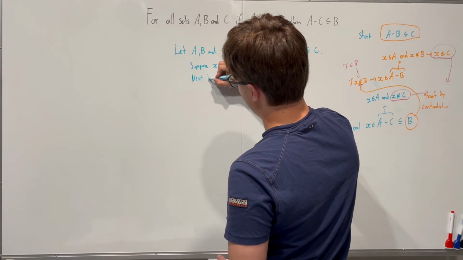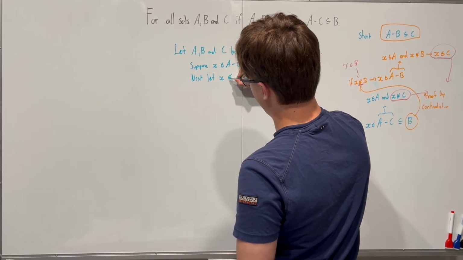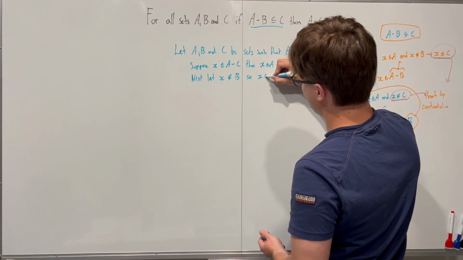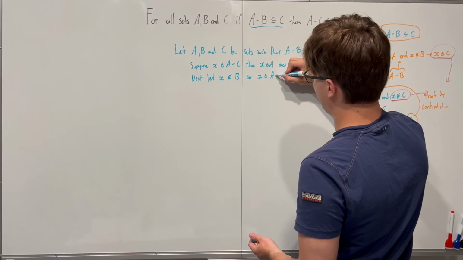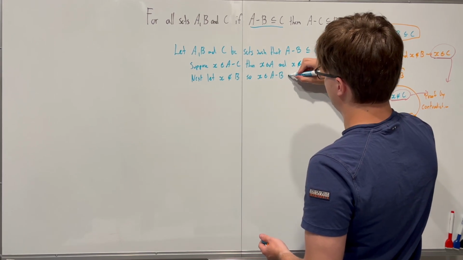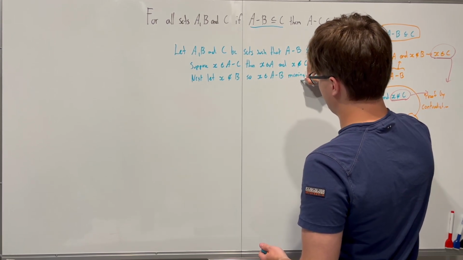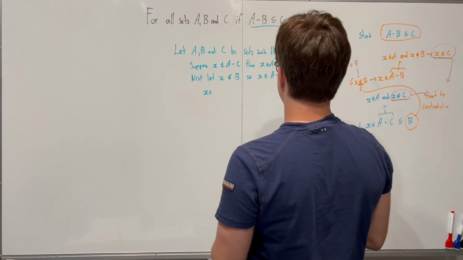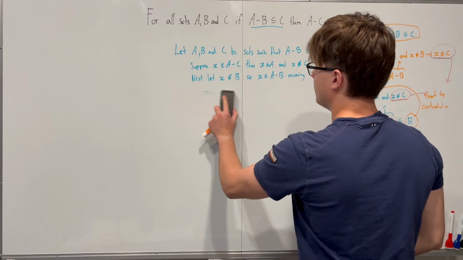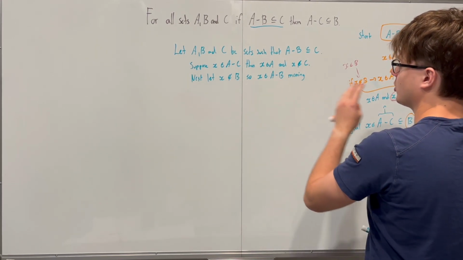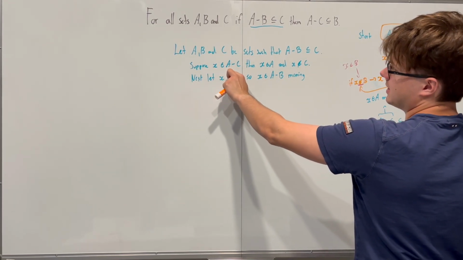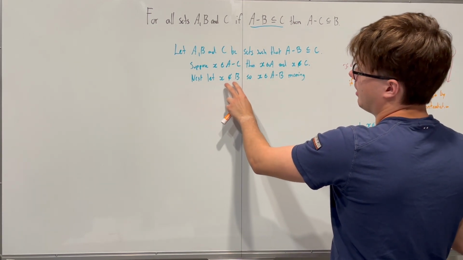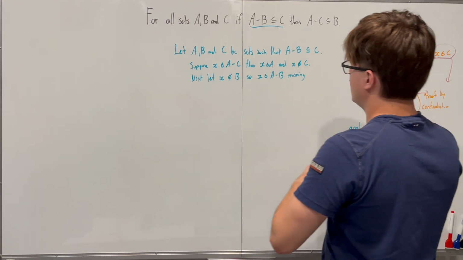Next, let x not be an element of B, so x would be an element of A minus B. Okay, so far this should make sense. We're going to just let x be an element of this, then x would be this and this. Next, we're going to let x not be in B, so x must be in this.